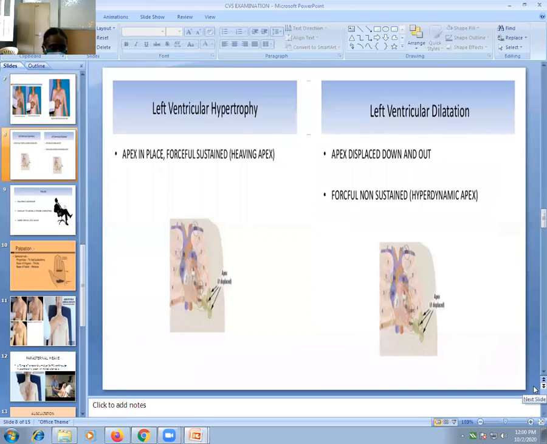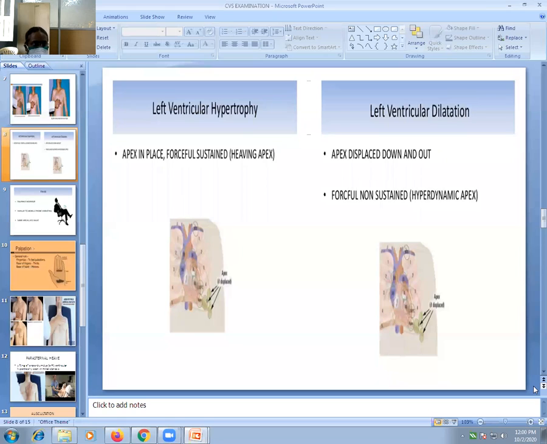Which are the conditions in which the apical impulse is shifted, or is not in the fifth intercostal space? It is shifted to the 6th or 7th intercostal space. Whenever there is dilatation of the left ventricle, there occurs shifting of the apical impulse downward and outward towards the axilla.